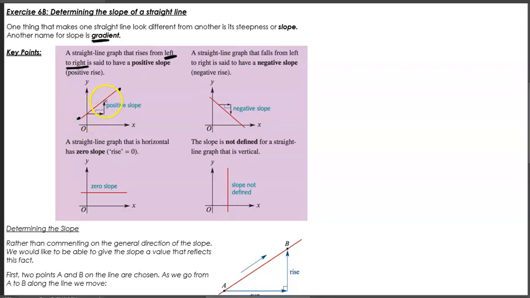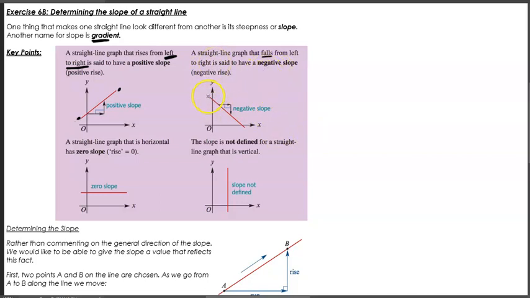A straight line graph that falls from left to right is said to have a negative slope, or negative rise. Now, this seems like a bit of a contradiction. Negative rise, that doesn't make sense. So we just think of it as negative slope.